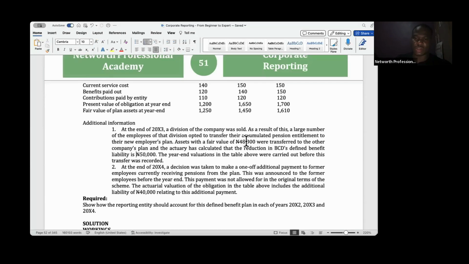However, you will find out that the asset was lower than the obligation by 2,000. What do we call that 2,000? It's a question. What do we call this 2,000?